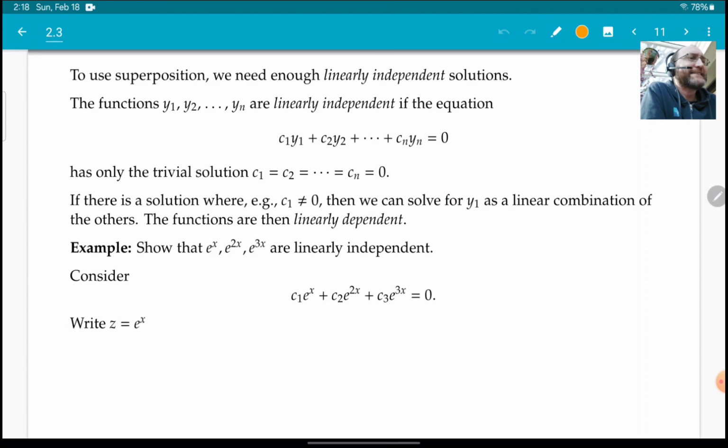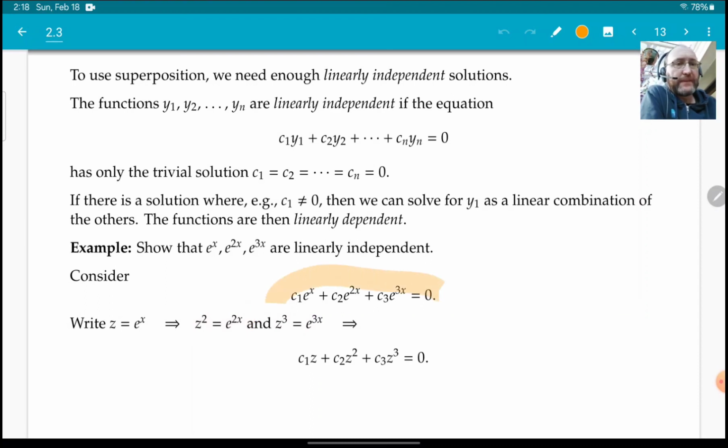Let's suppose that I write e to the x as z, some number z. Then I notice that z squared, just by the laws of exponents, is e to the 2x, and e to the 3x is z cubed. So this equation is really this polynomial in terms of this number z.